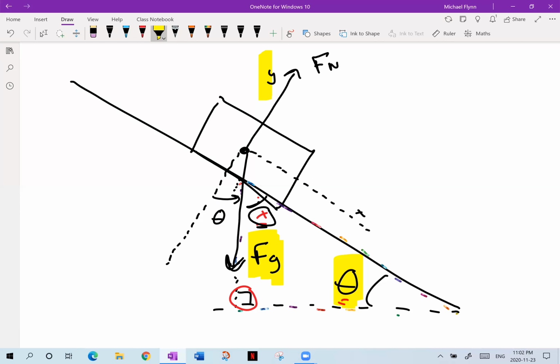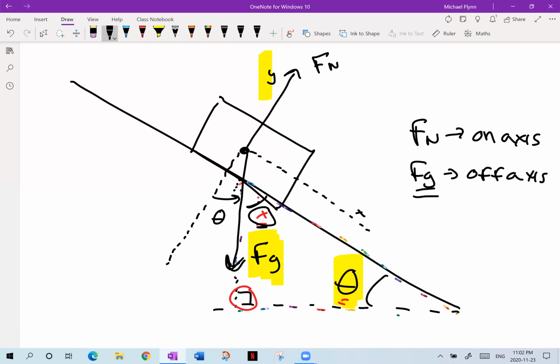And we always break down our off axis vectors into components. So let me just tell you that Fn is on, you know what, I'll make a better arrow. It's on axis, it's on the y-axis to be clear, and Fg is off axis.